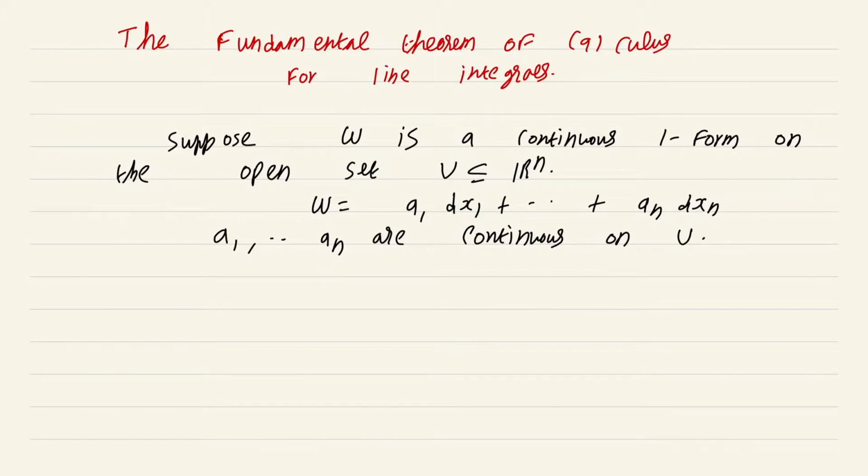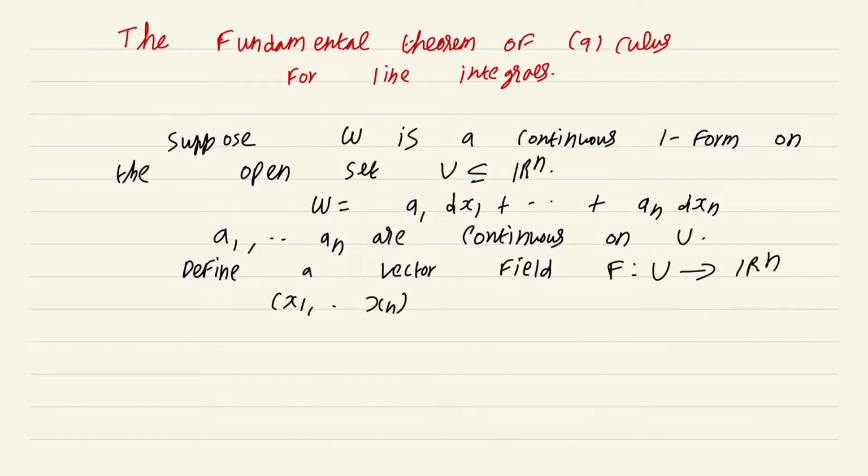Well, I do the stupidest thing possible, define a vector field f from U to Rn by x going to (a1(x), a2(x), ..., an(x)).